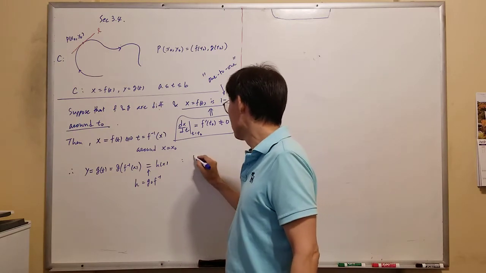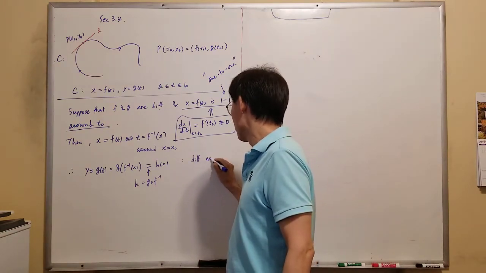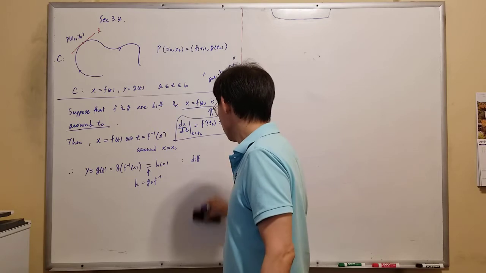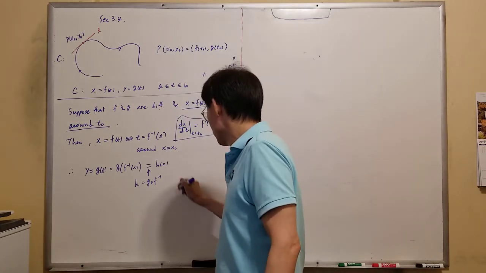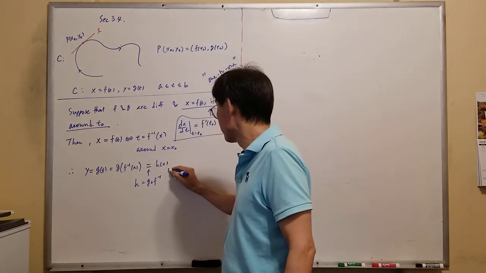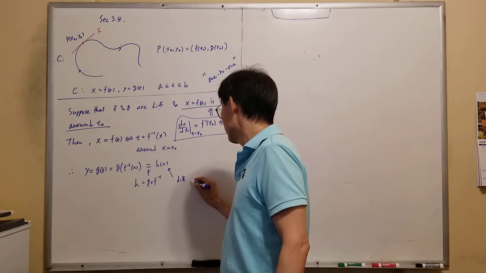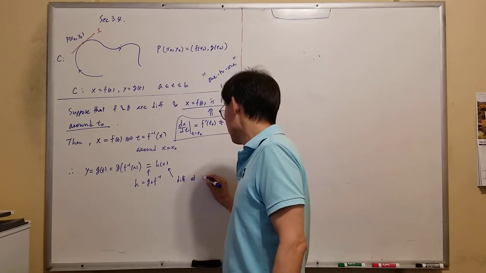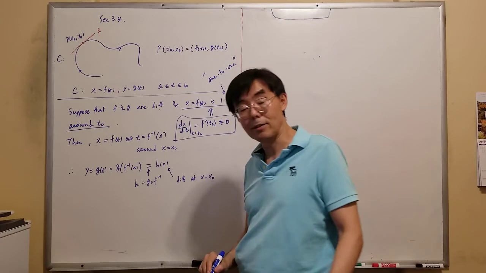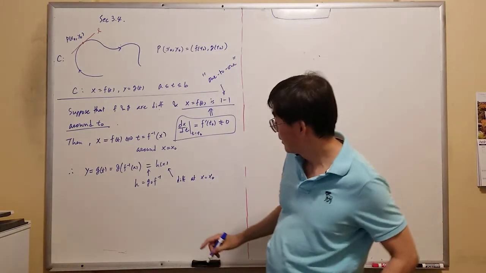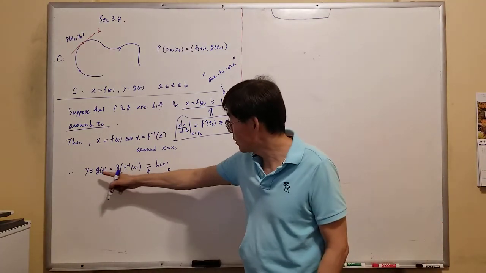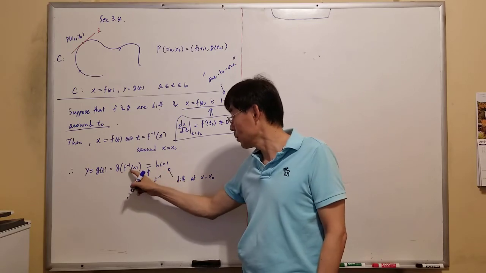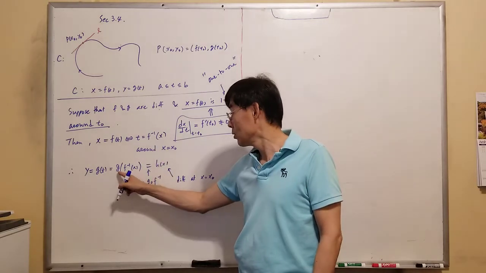So this is a differentiable function at x equals x0. So we consider y as a function of x, going through f inverse and then g.